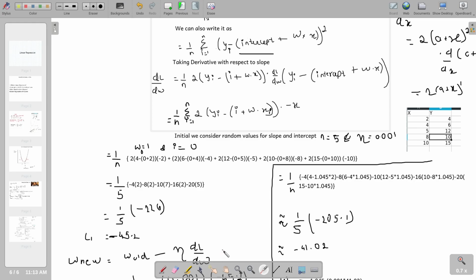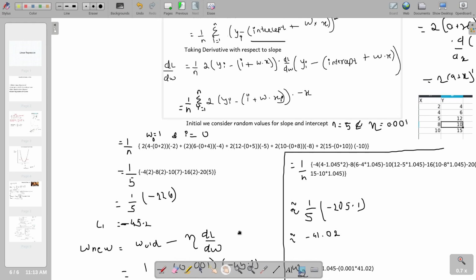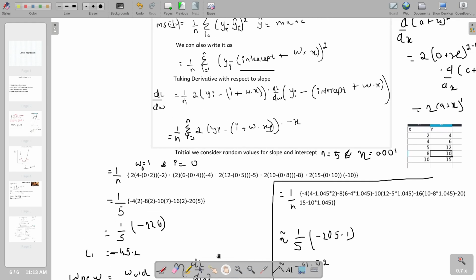Now I'm doing nothing but putting my values in this equation. See this, 2 into yi, for the first point I'm putting it as 4 minus 0 because intercept I have considered as 0, plus 2 because this is xi, so we have to keep it as 2, minus w, which was 1, times x, 2, so negative times 2.